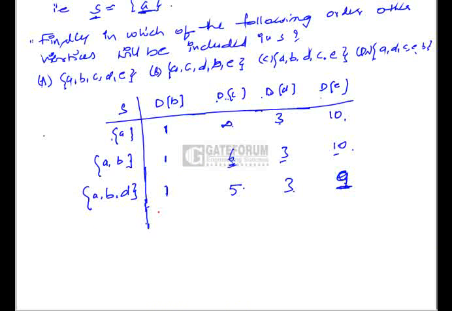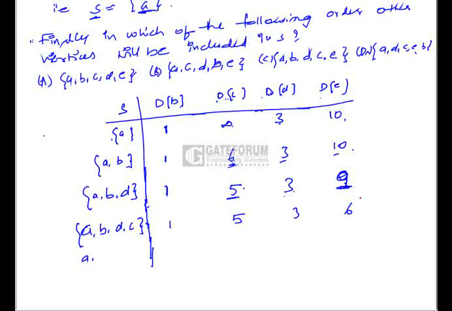So if we proceed, the next vertex we should add is, after A, B, D, the cost of C is less. So the distance to vertex C is less. So we will add A, B, D, C, C next. So if you proceed like this, we'll be getting 1, 5, 3 and 6.